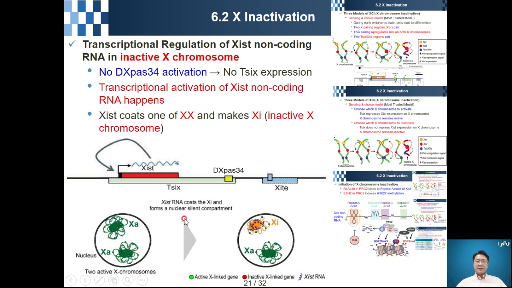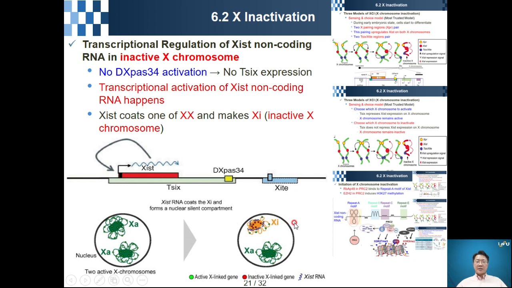After that, the cis non-coding RNA coats one of the XX chromosomes that was chosen, and makes it the inactive X chromosome, XI.